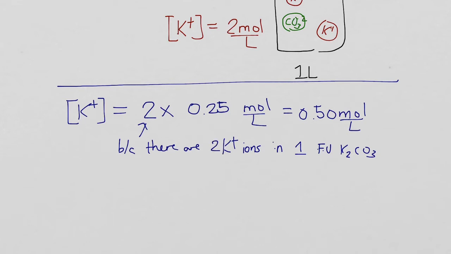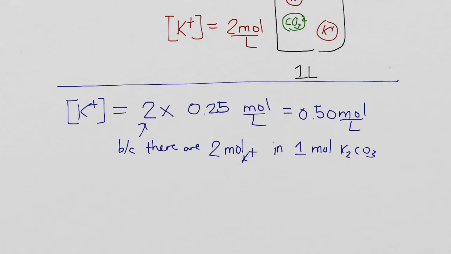Instead of saying that there are 2 potassium ions in 1 formula unit of K2CO3, it's the same as saying that there are 2 moles of potassium ion in a mole of K2CO3. So this is the mole ratio within the compound.